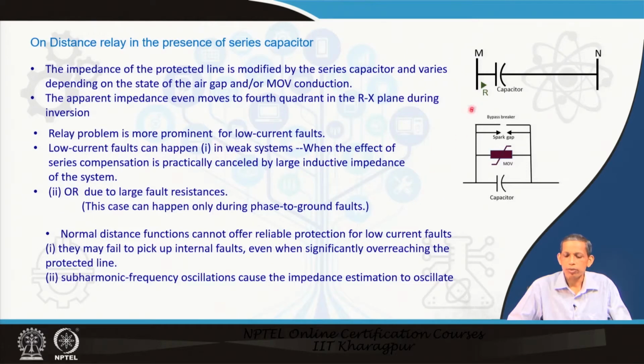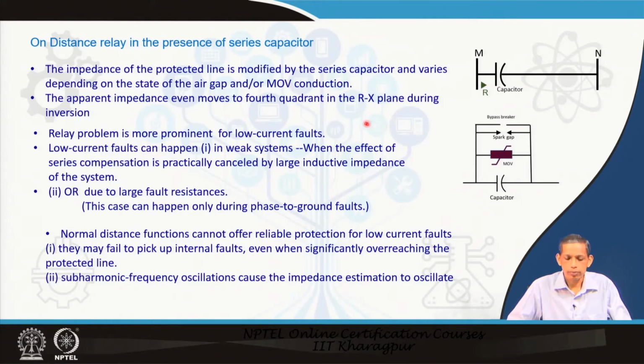What we see is that when the fault current is low, because the fault may be very far away, or the source impedance is very large, or the fault resistance is very large, then the voltage across the capacitor will not be higher than its rating and MOV operation and spark gap operation will not be there. It means the capacitor will be there in the fault loop.